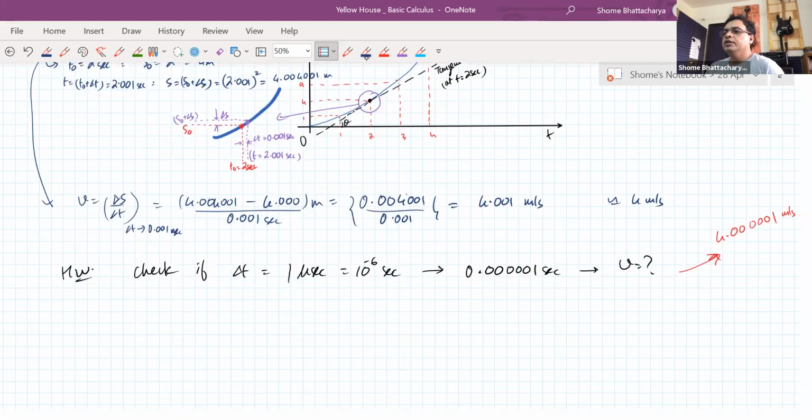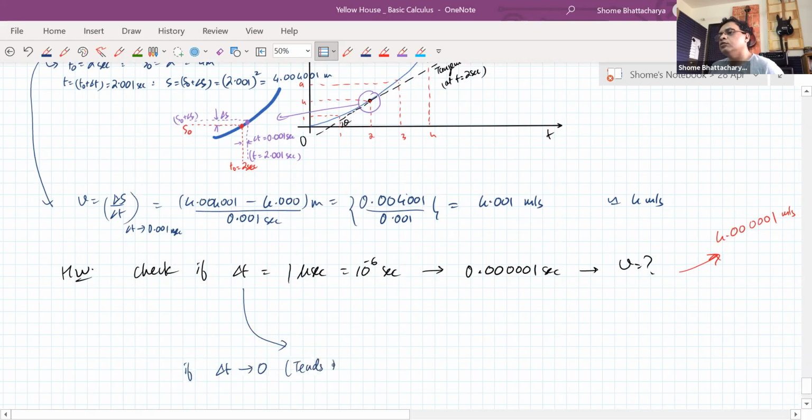So in fact, now what we can do is, if we take a general value of delta t, so small that it is tending to 0, then we'll see that v, which is delta s by delta t, will become (2 plus delta t) whole square minus 2 square, divided by delta t, with the condition that delta t is extremely small, tending to 0.